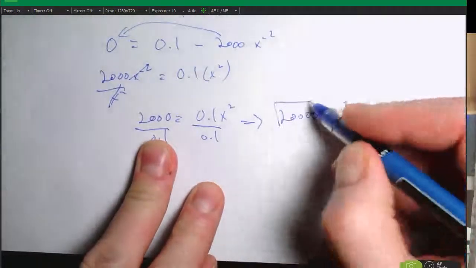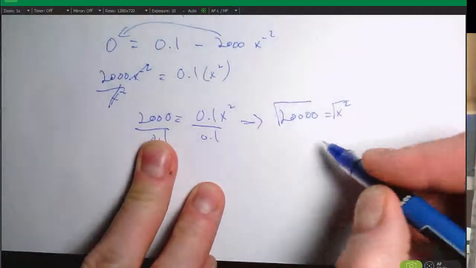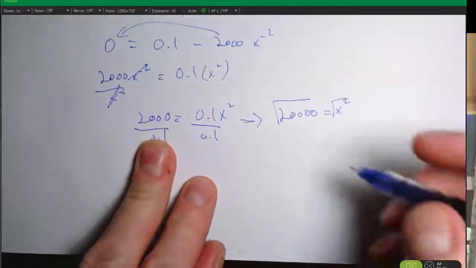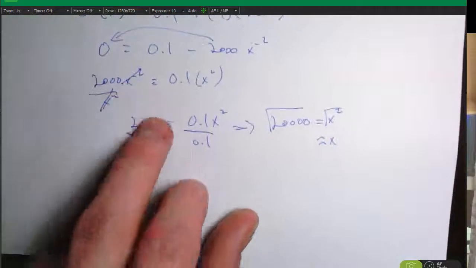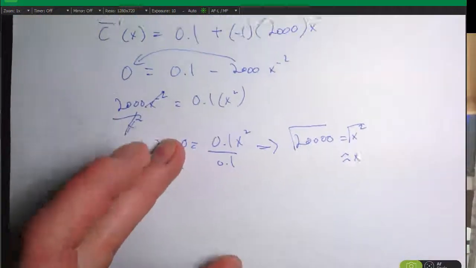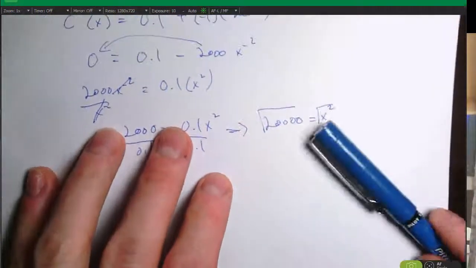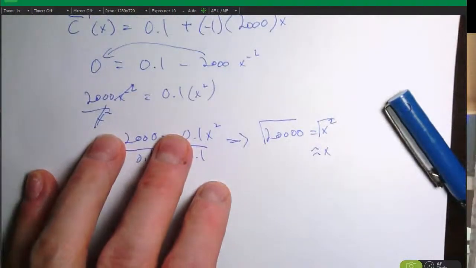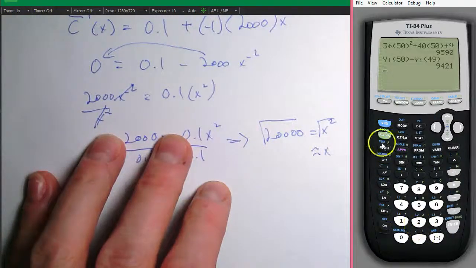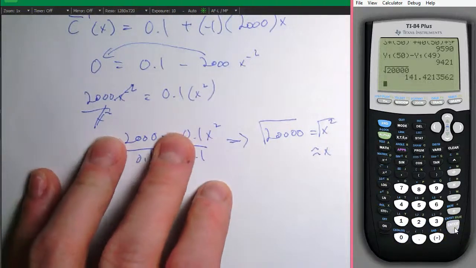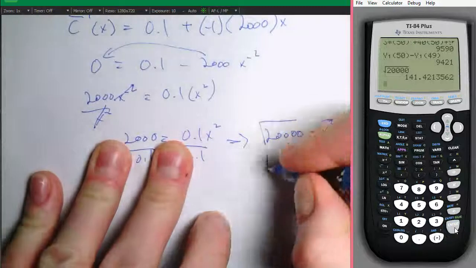So now I can take the square root of both sides, and I get whatever the square root of 20,000 is. And it technically would be plus or minus, but since we're talking about sales, you can't sell a negative number of items. So it's just going to be the positive or the primary root of that. And so I pull my calculator up real quick. The square root of 20,000 is 141. So about 141 items.